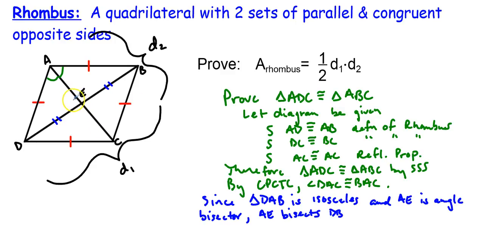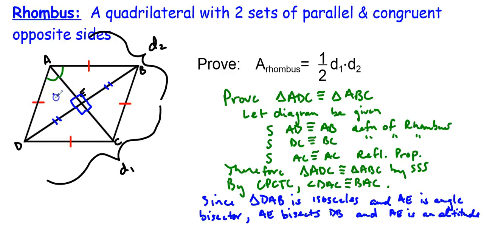And we also know that it's going to be an altitude. Alright, so that allows us to say that this is a perpendicular intersection here, so the two diagonals that we have labeled on here are perpendicular.